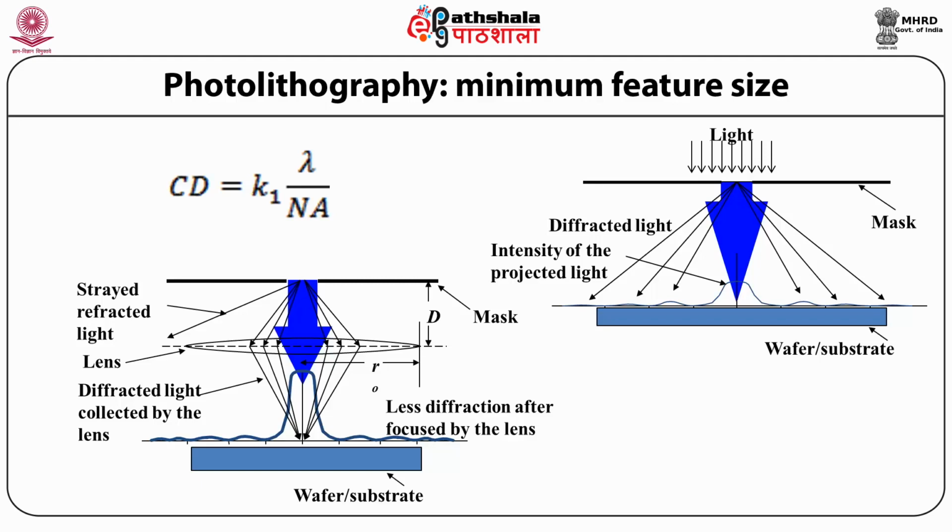So now in photolithography we use the lenses, and the focal length of the lens is given by the lens maker's formula, which we already know, that is 1 by FL is equal to n minus 1 multiplied by 1 by RF minus 1 by RB, where n is the refractive index of the lens and RF and RB are the radii of curvature of the lens of front and back surfaces respectively.